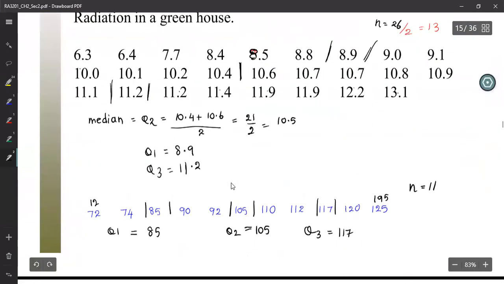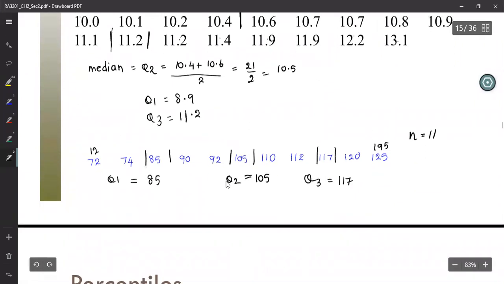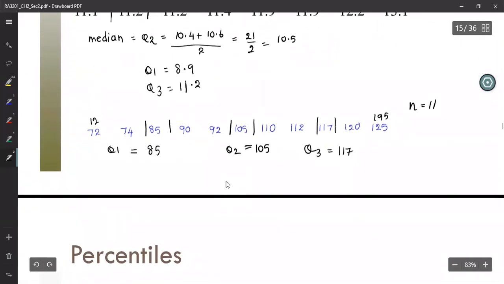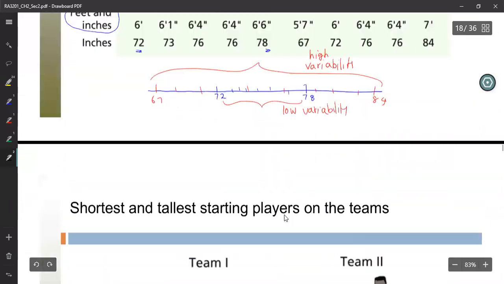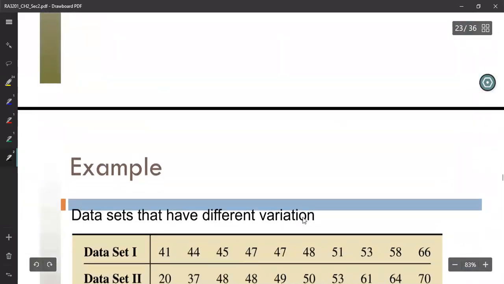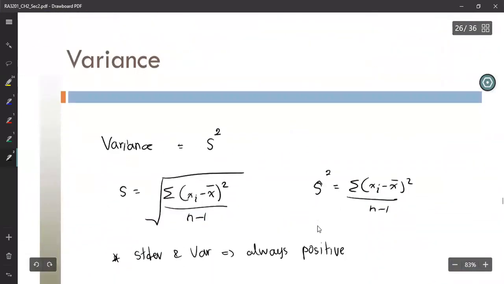Okay, so Q1 is 8.9 and Q3 is 11.2. Can you find the IQR?